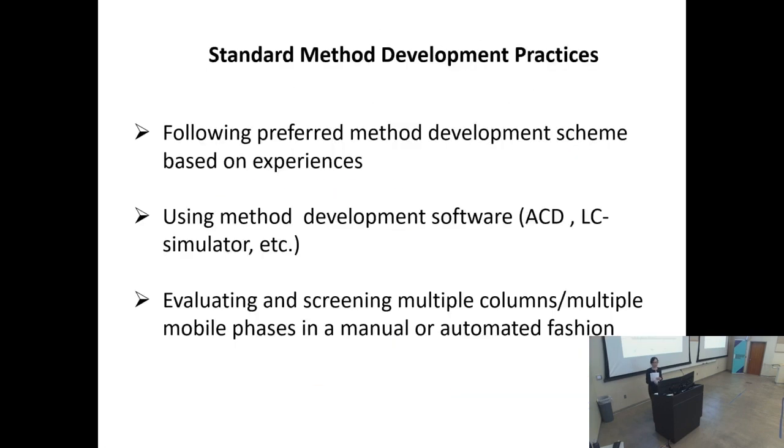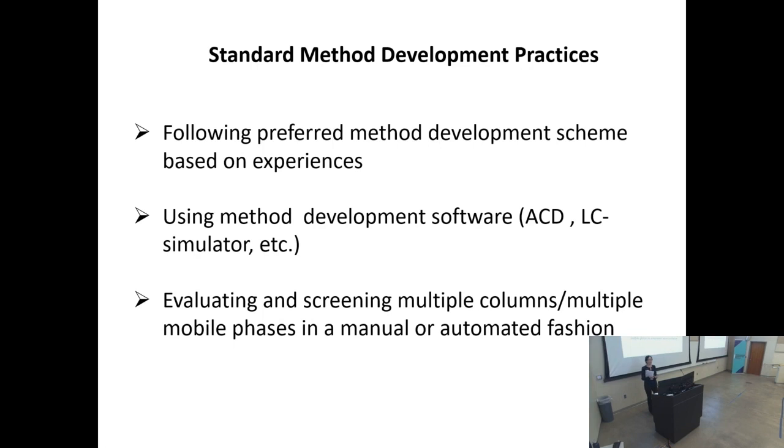This is the method development theory. There are several method development practices. The first one, usually we follow the preferred method development scheme based on experience. We can choose the column and also change other parameters like mobile phase pHs and organic modifier.